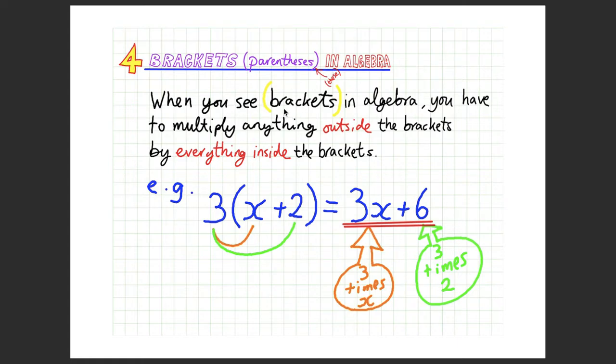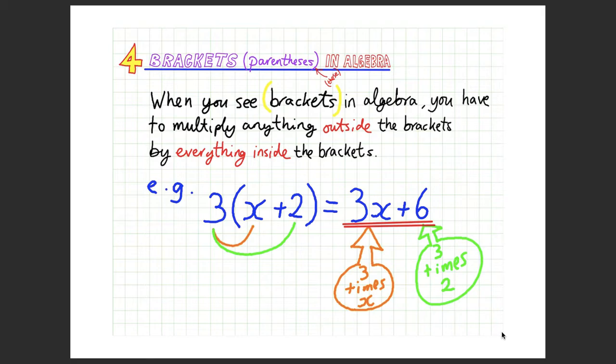And when you see brackets in algebra, you have to multiply anything outside the bracket by everything inside the bracket. So for example, if you see a 3 in front of a bracket that says x plus 2, you've got to do 3 times the x and 3 times the 2. 3 times x gives you 3x, 3 times 2 gives you 6.